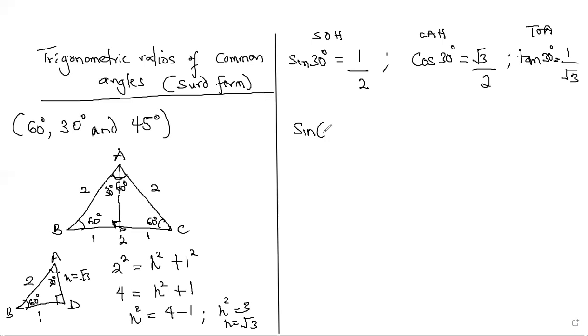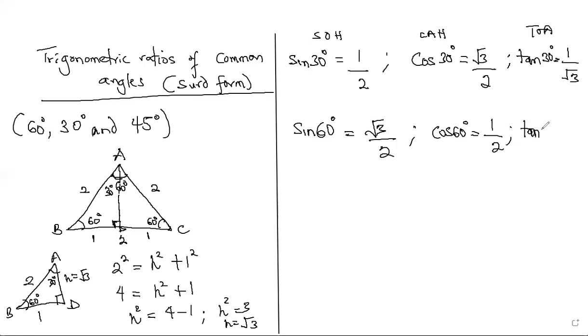Let's go to 60. Sine 60 degrees: now I'm using this angle. The opposite to this angle 60 is root 3, and the adjacent is 1. So sine 60 degrees is opposite root 3 over the hypotenuse 2. Then cos 60 degrees will be adjacent 1 over hypotenuse 2.